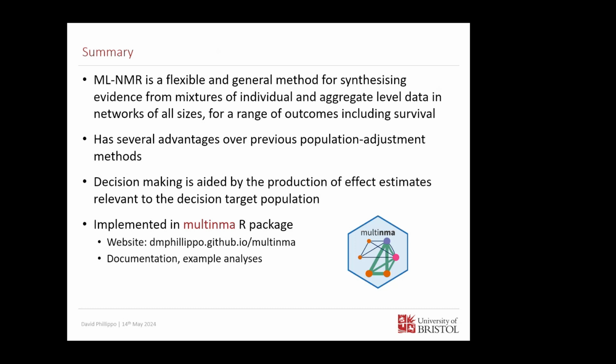It has several advantages over previous population adjustment methods. It works in networks of all sizes. It doesn't incur aggregation bias, etc. And crucially, you can produce effect estimates in any target population of interest to decision making, which is really important and something that isn't offered by earlier methods.